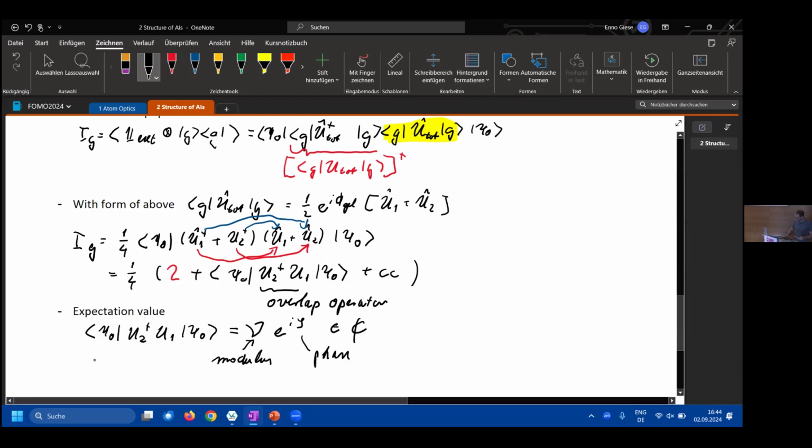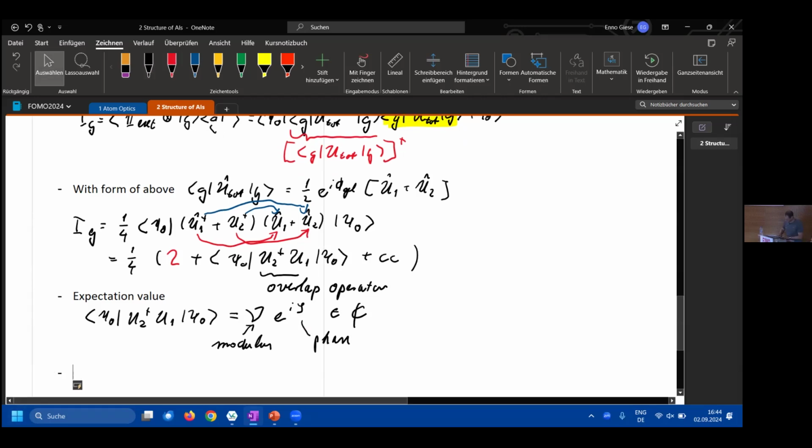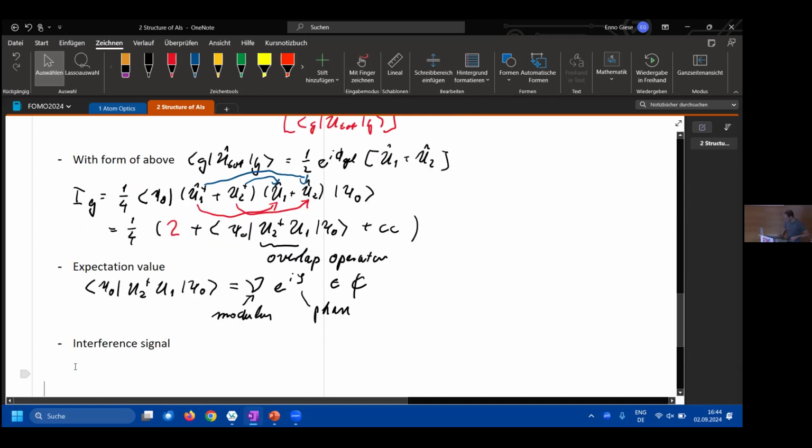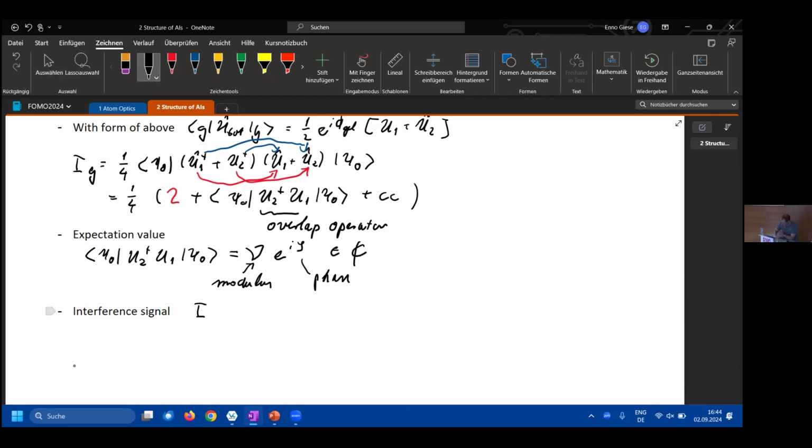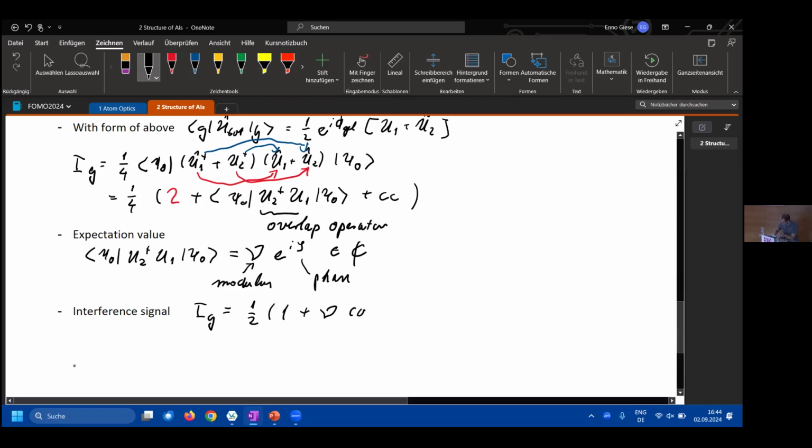And now if I plug that into my interference signal, what we observe is actually I_G is equal to 1/2 times 1 plus this modulus times cosine phi.